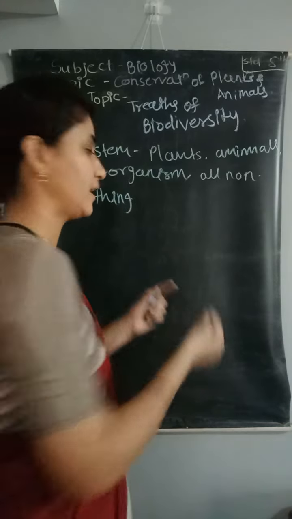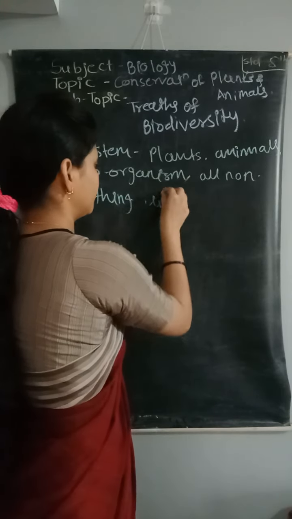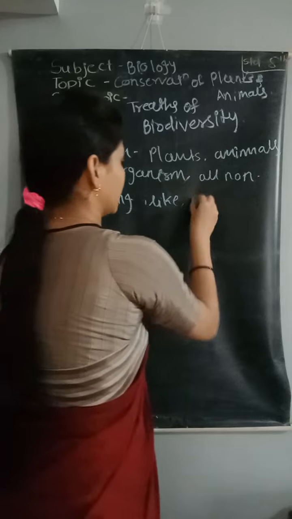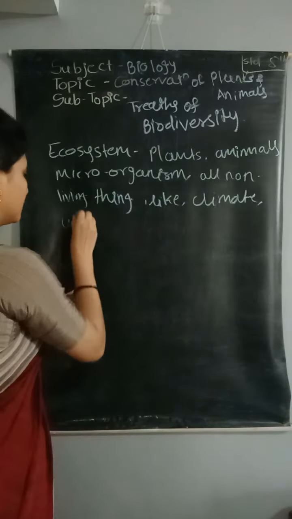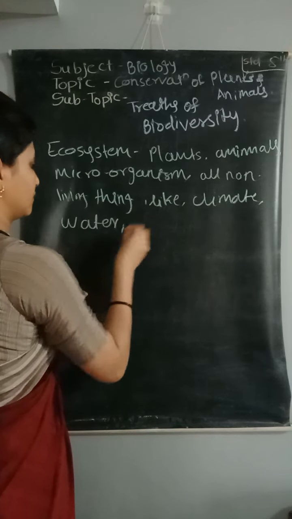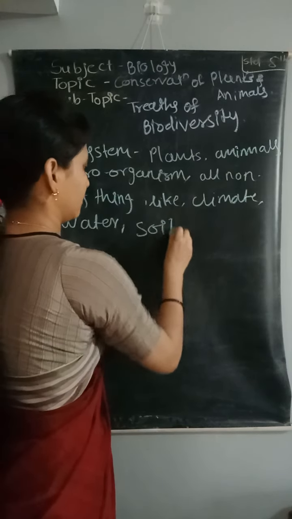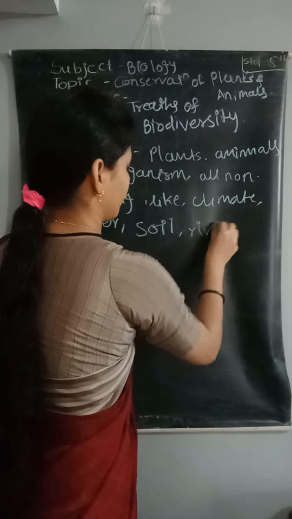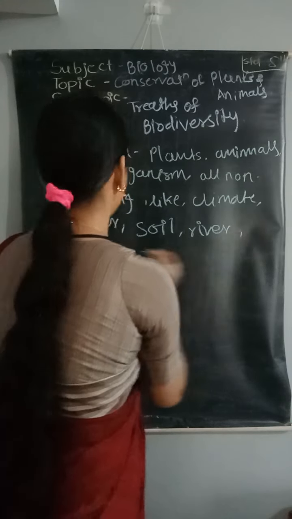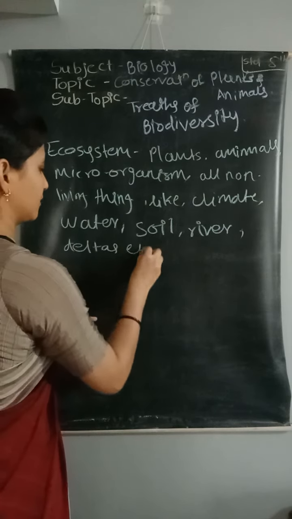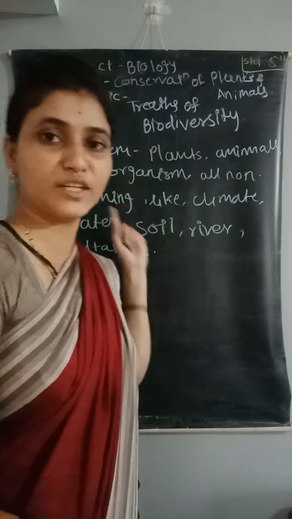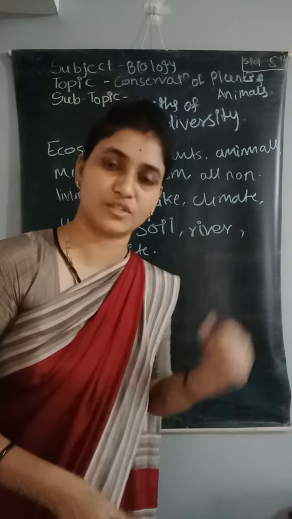We can say climate, water, soil, rivers, deltas, etc. are all included in the specific ecosystem.